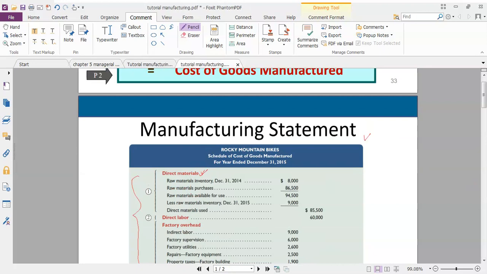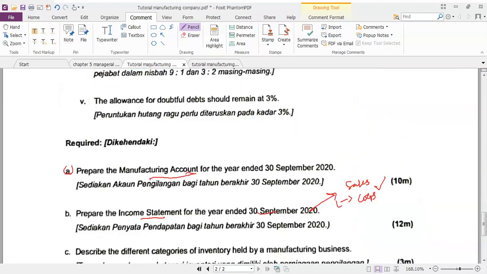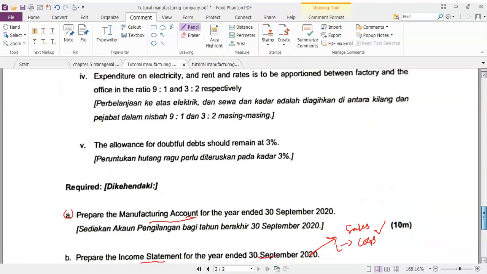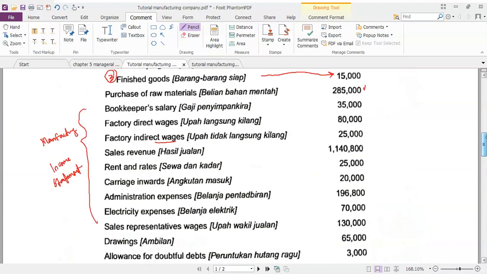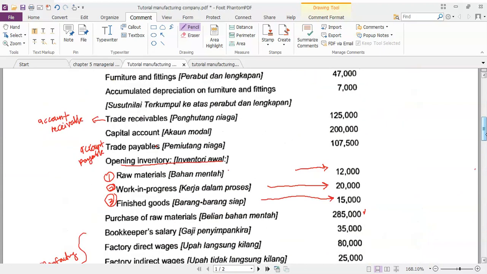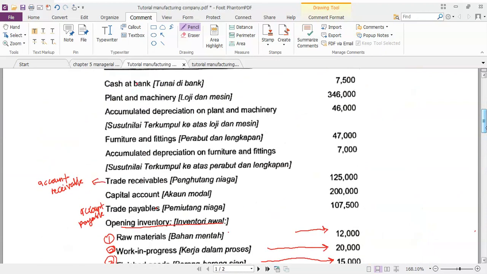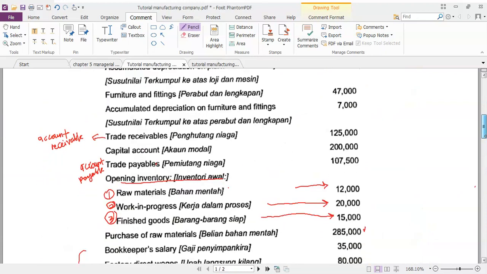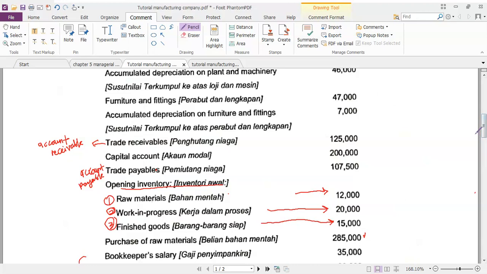So let's look at the question whether there is a direct material or not. Can you see which one is the direct material? Here we have the opening inventory for raw material.